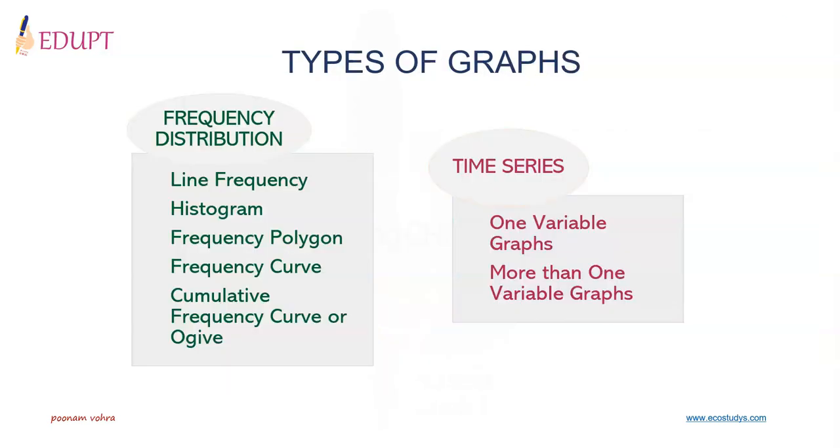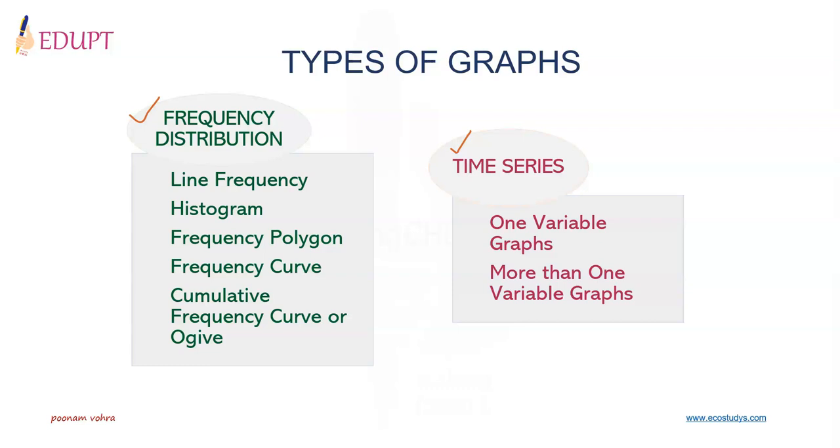There are two types of graphs. One, frequency distribution graphs, and two, time series graphs. Frequency distribution graphs are those where the data is expressed in terms of item or class intervals.